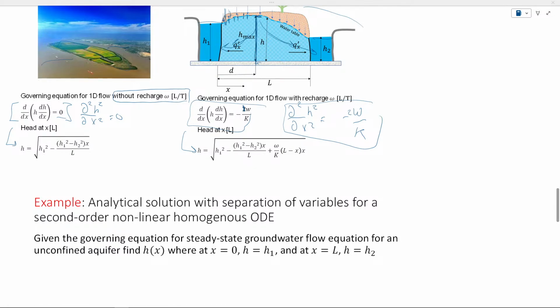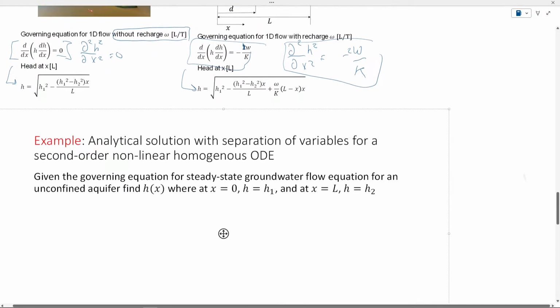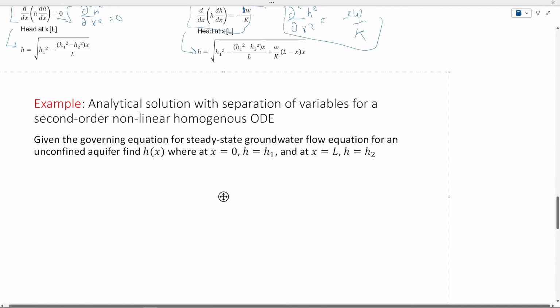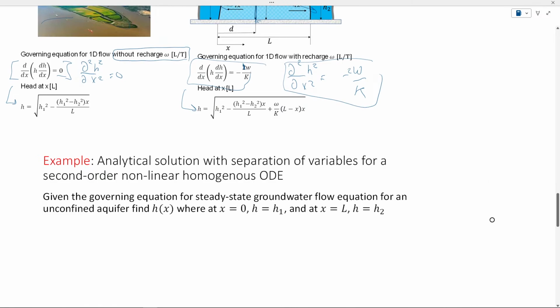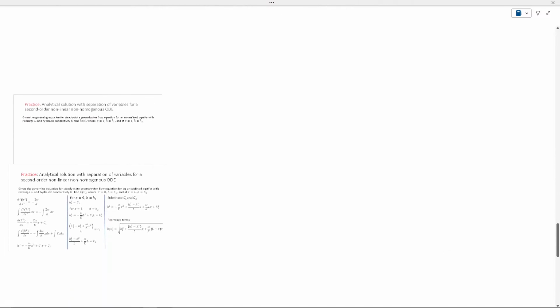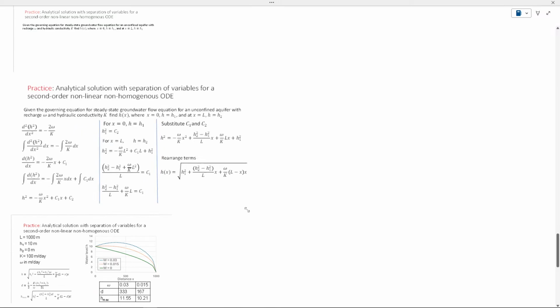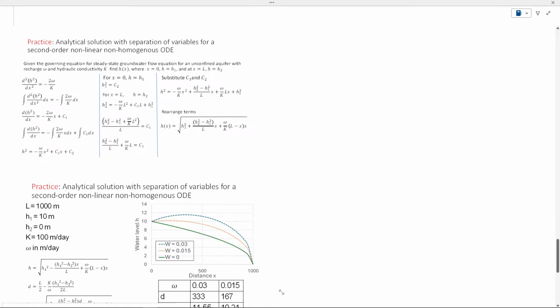Here I have two examples. In the example, I will solve this one, and in the practice problem, which I will do in the tutorial, I will be solving this one.